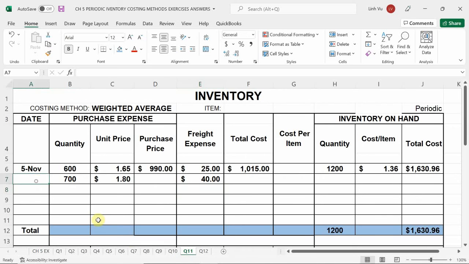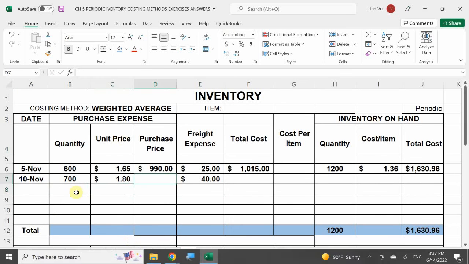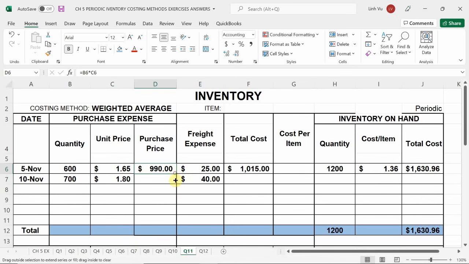So purchase price $1,260 plus 40 is $1,300. Okay.